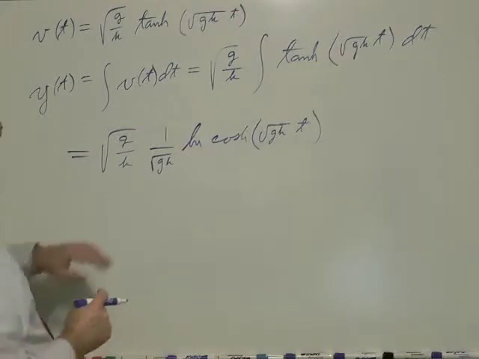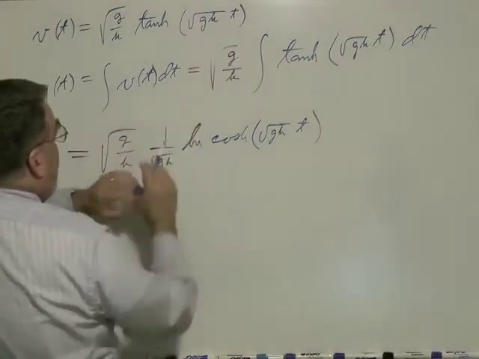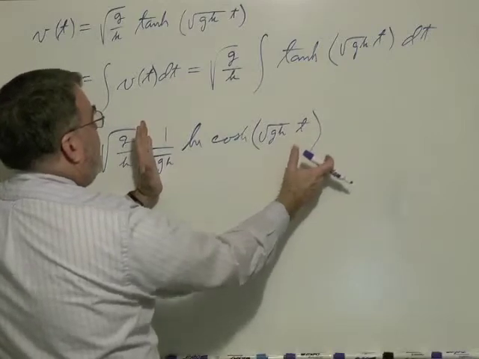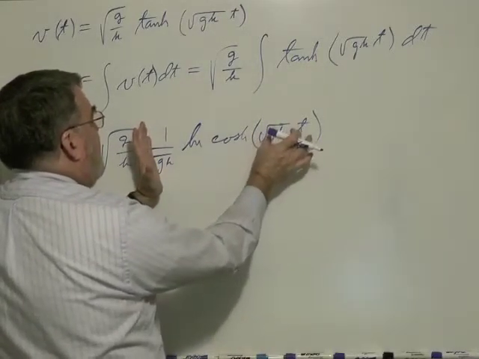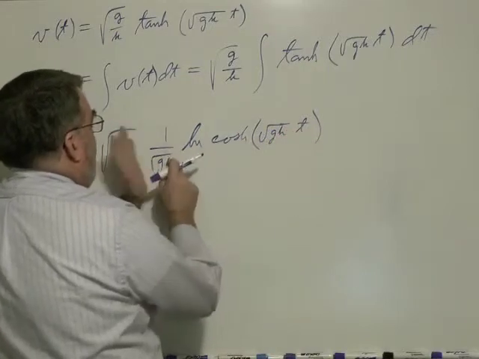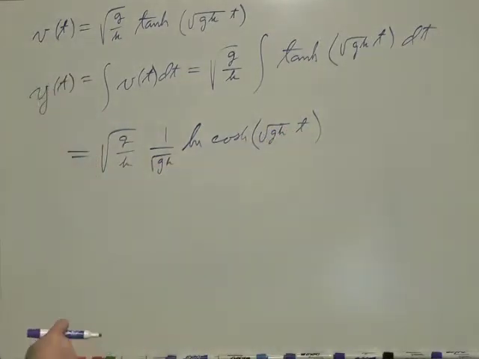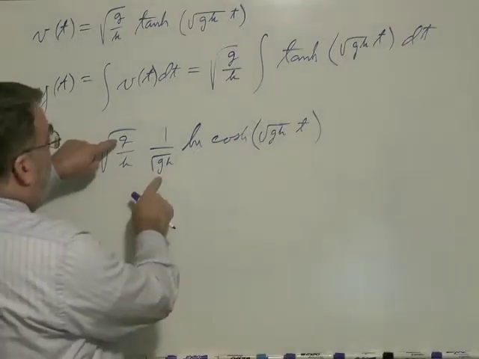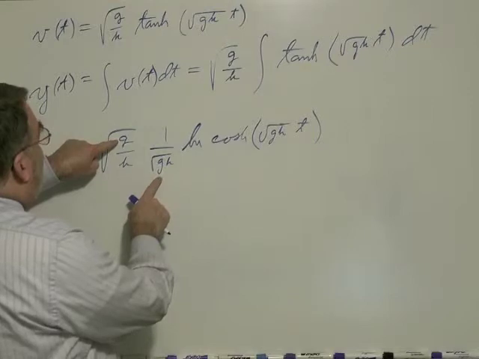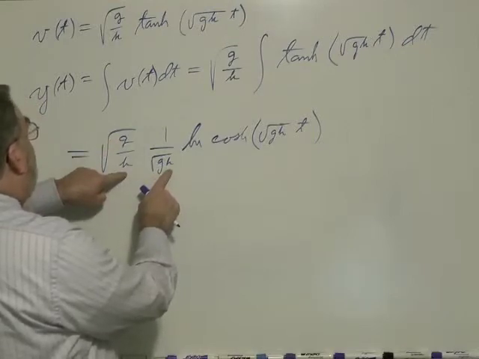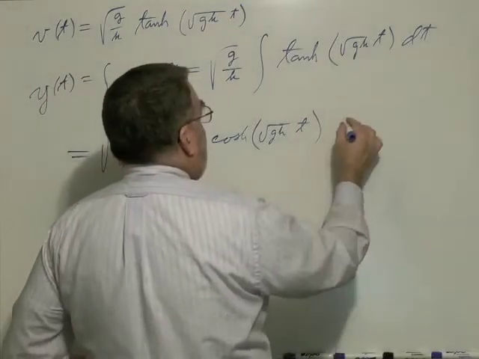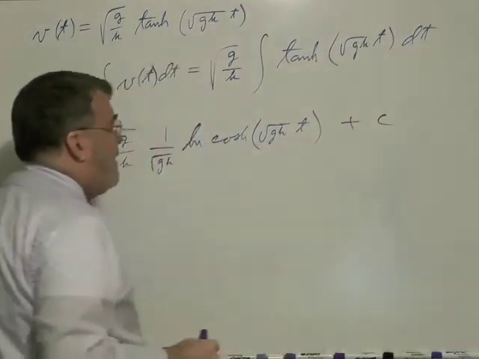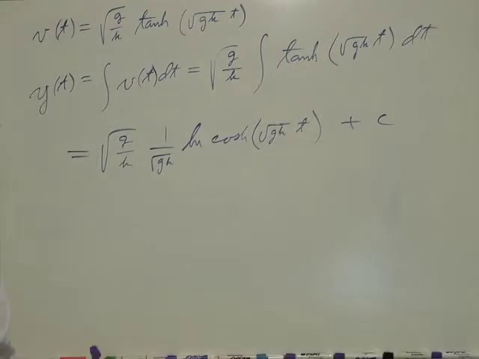And so you can verify that if I ignore this part here, and take this derivative, then I'm going to get a tanh function times the constant square root of gk. So I need that to cancel. Alright, so what's that give us? Well, that cancels the g's up here and gives me 1 over the square root of k squared, which is 1 over k. And by the way, sorry to give a little detail, we also still need that additive constant plus c.